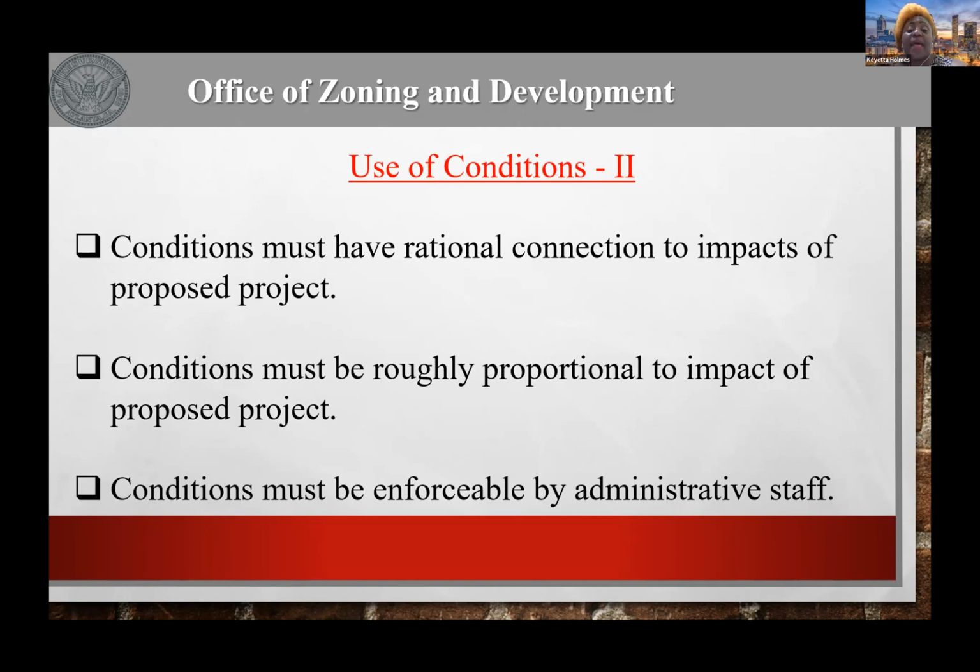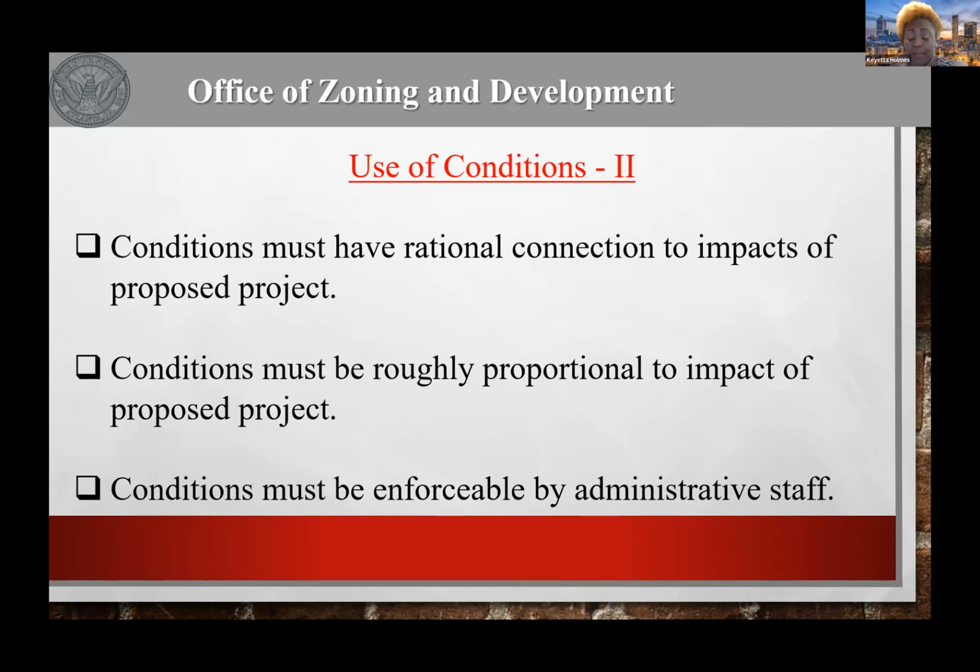Please remember that conditions must have a rational connection to the impact of the project. It must be roughly proportional to the impact of the project, and it must be enforceable by administrative staff. That means if you have added a condition and you contact me and say, Kieta, we had a condition on a zoning project and it said X, and I need you to send somebody out to investigate it.